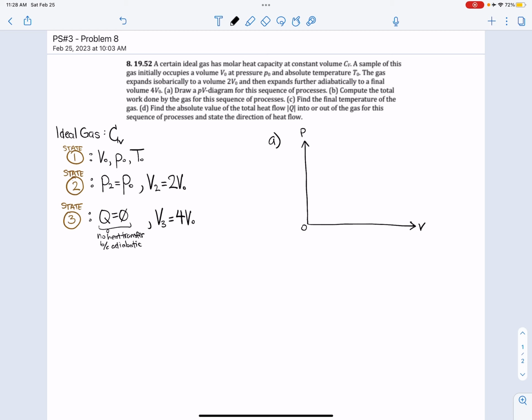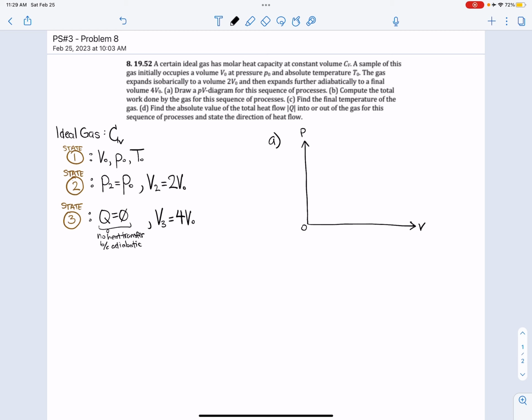At state 1, I know I have V0, P0, T0. At state 2, I have an isobaric process where the pressure remains constant, but the volume doubles. To get from state 2 to state 3, I go through an adiabatic process, and then the volume increases even further to 4 V0. So let's draw that.